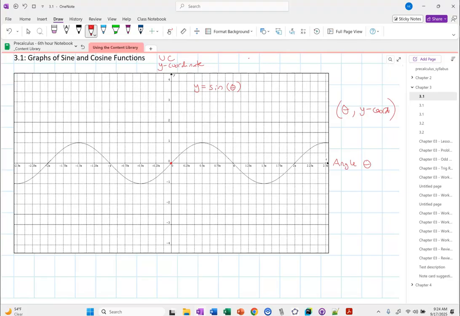What is sine of pi over 4? Great, so I'm reading the y-coordinate there, which is the square root of 2 over 2, which as a decimal is 0.707 if I type that into my calculator. So I plot pi over 4, comma, root 2 over 2, or 0.707. Everybody okay there?